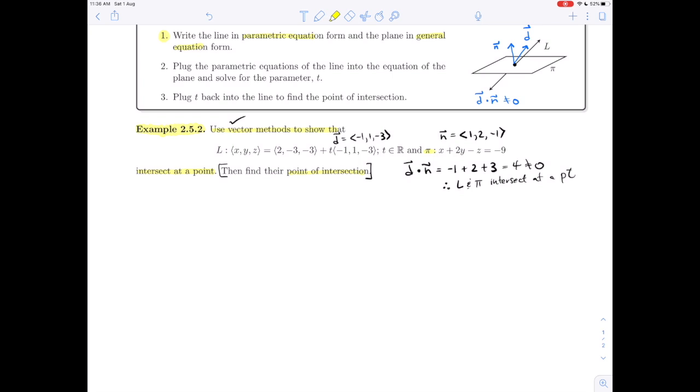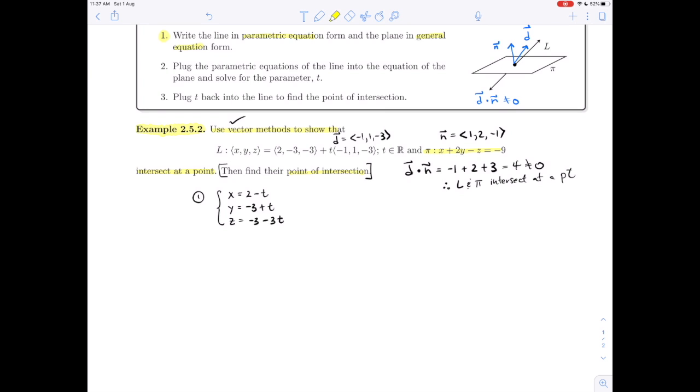The plane is already given in general equation form, so that is done. So let's write the line in its parametric equations. Remember we're reading component by component: x is 2 minus t, y is -3 plus t, and z is -3 minus 3t. So that's the first part done.